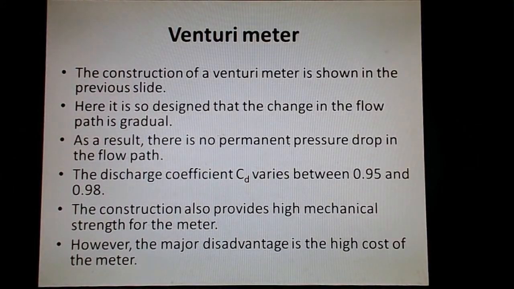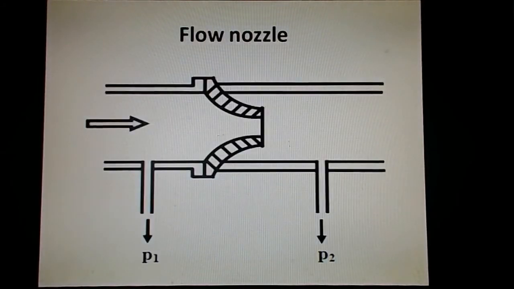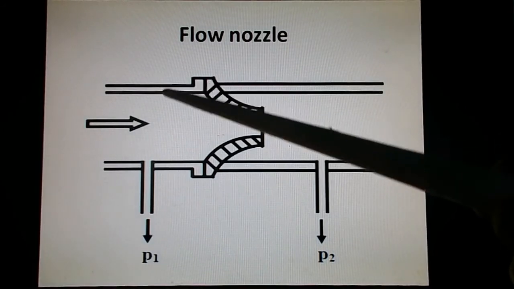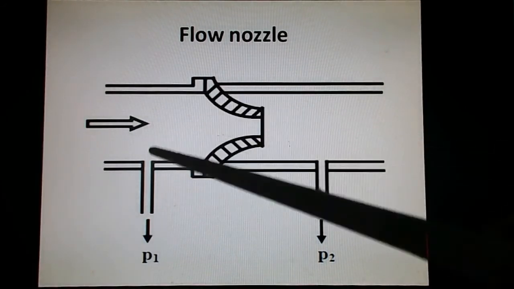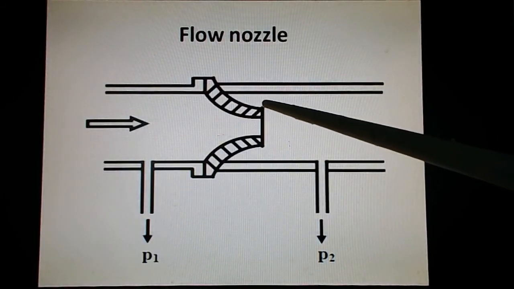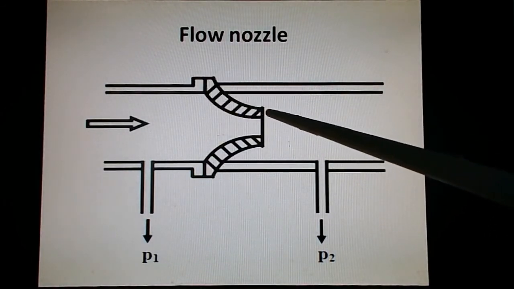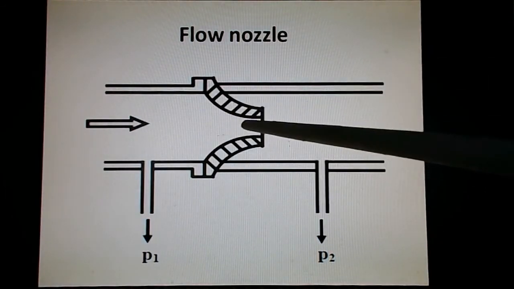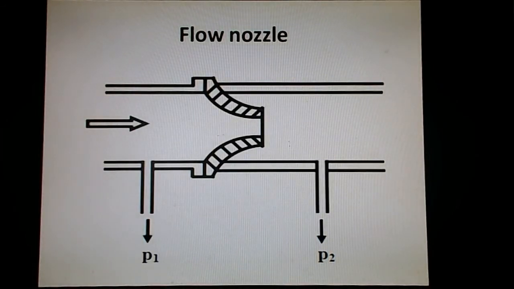So somehow we have to find a mid path between orifice meter and venturi meter, and that is the flow nozzle. Flow nozzle, from the diameter of the pipe to the obstruction there is a gradual change of path, but of course after that the flow is allowed to flow according to its way.